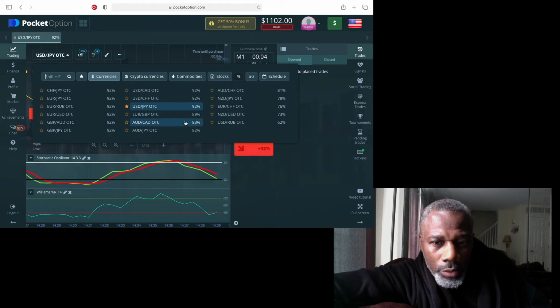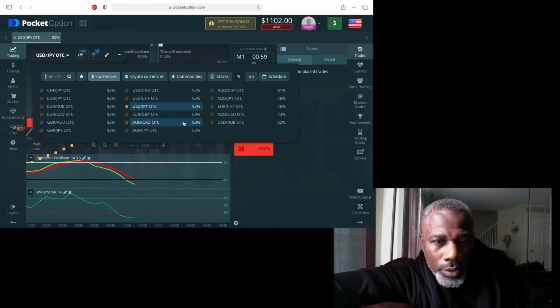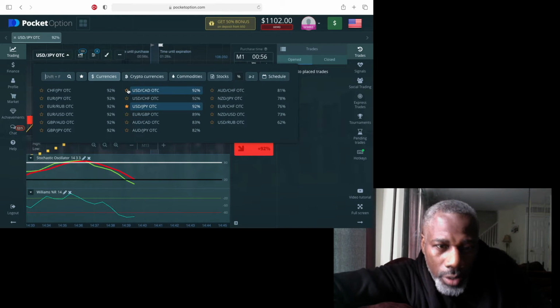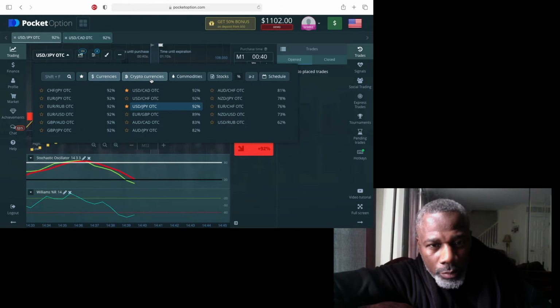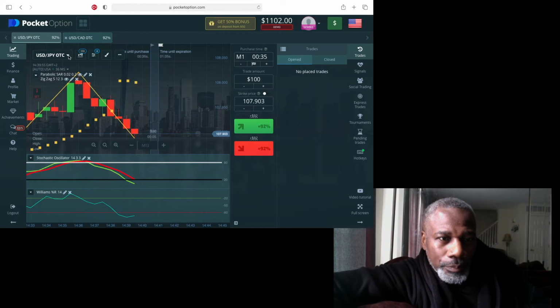So any currency that you like to trade or you find that's a good turnaround for, as you're paying, you can click on that. Like I just clicked on USD CAD and it appears up here. So these are the different trading platforms you can trade from. Again, currency, cryptocurrency, commodities, and stocks. So let me get out of that.